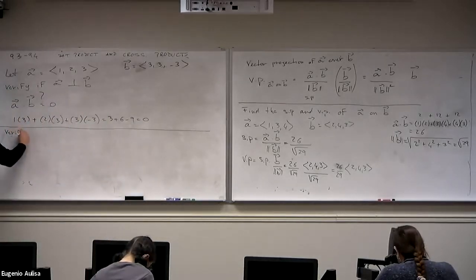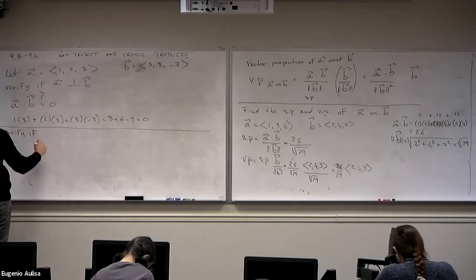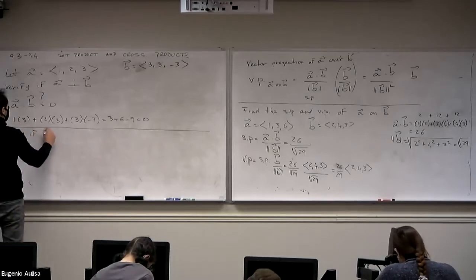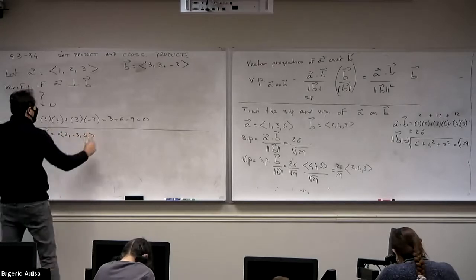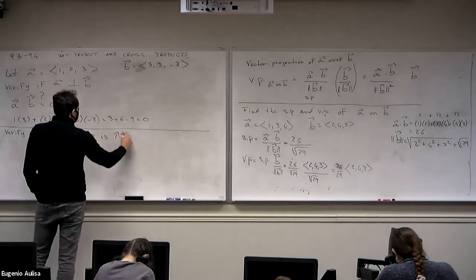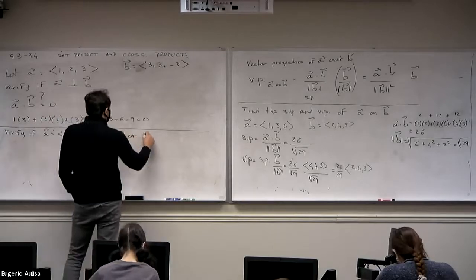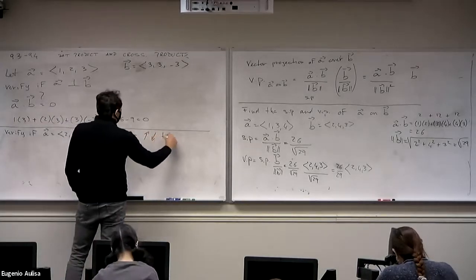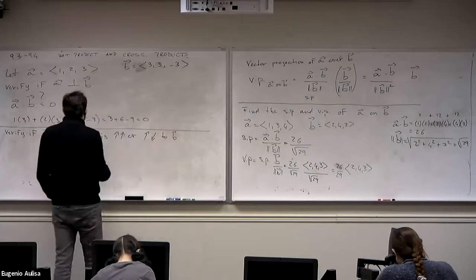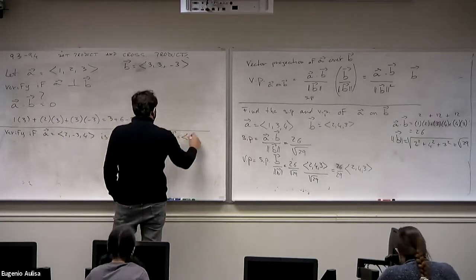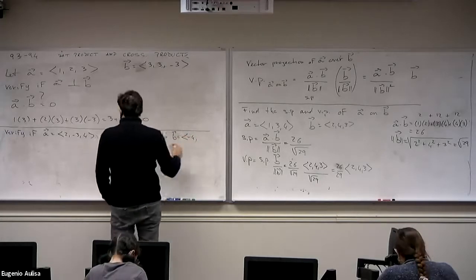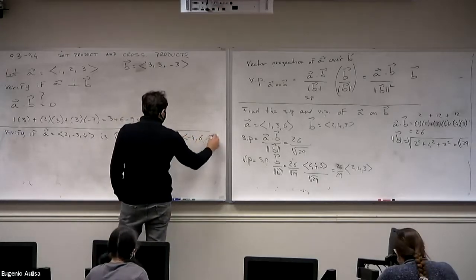Verify if A equals 2, -3, 4 is parallel or antiparallel to B, let's say it's going to be -4, 6, -8.